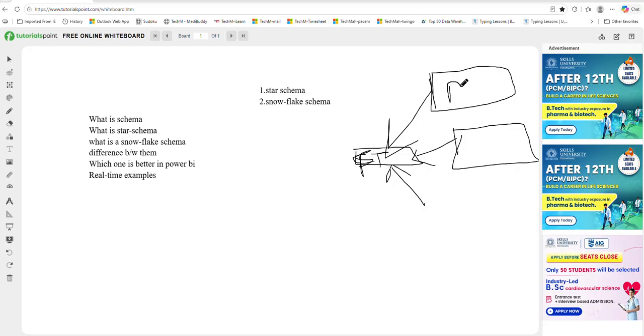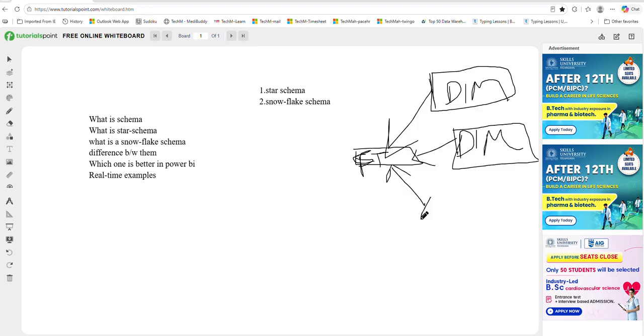This is the dimension table. I am just representing it as dim. Like this.